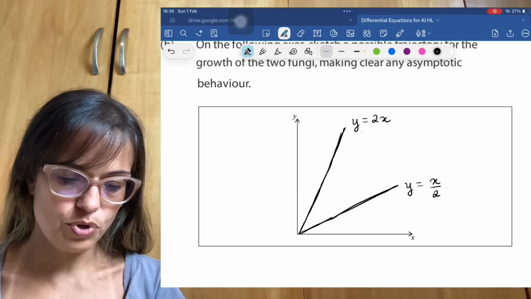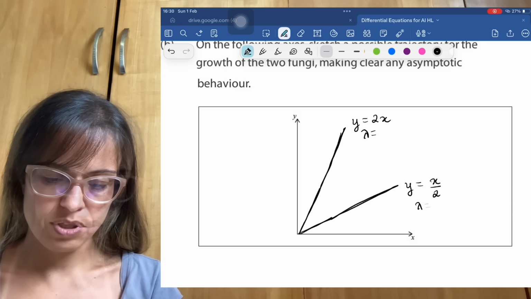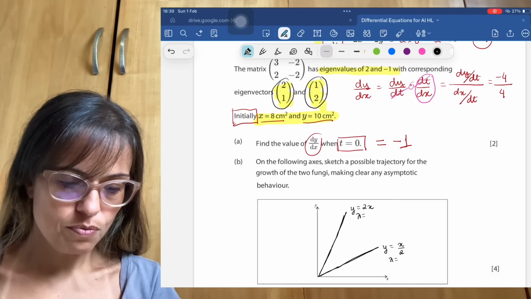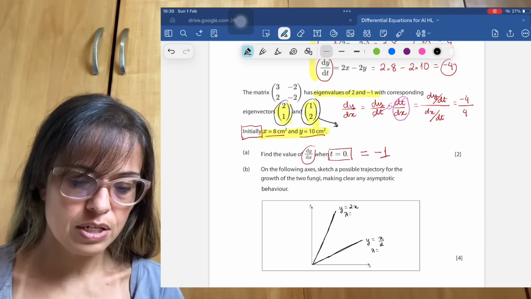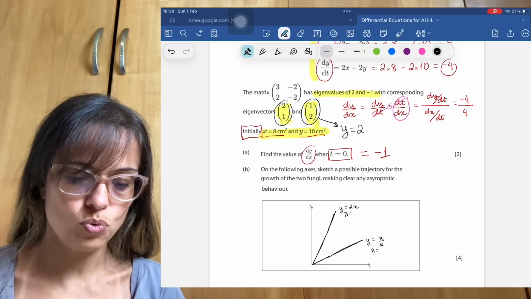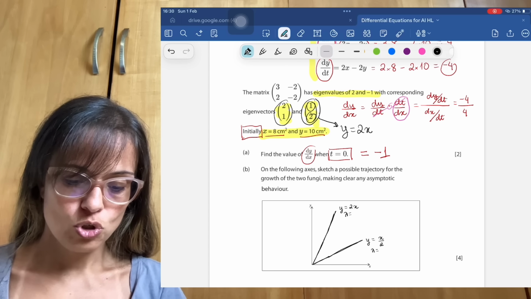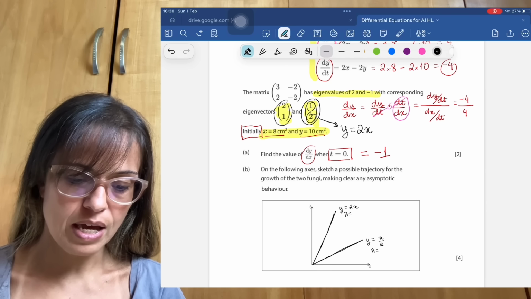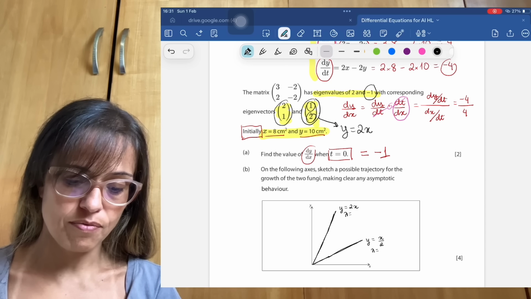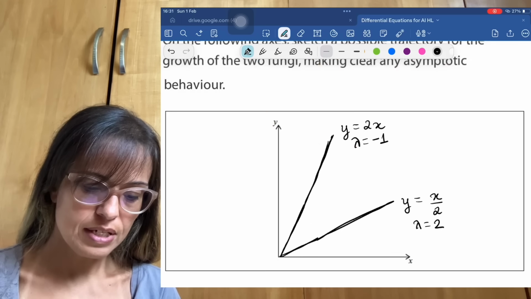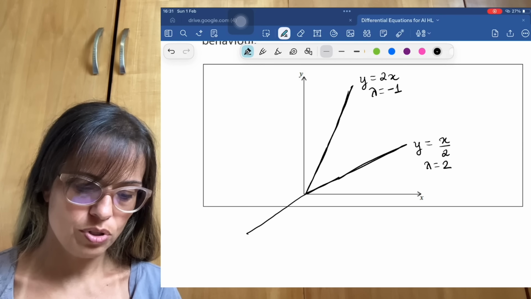Now let's see which one goes with each eigenvalue. Okay, the second one is y equals 2x because 2 is equal to 2 times 1. So the top line has the eigenvalue -1. The other one is 2. These lines extend to the other quadrants.